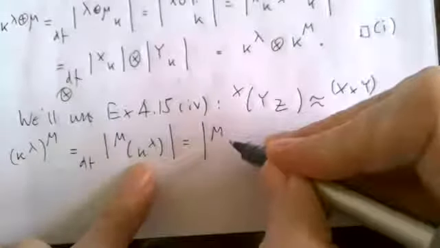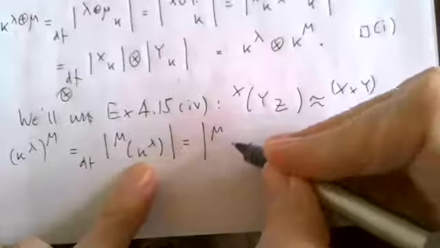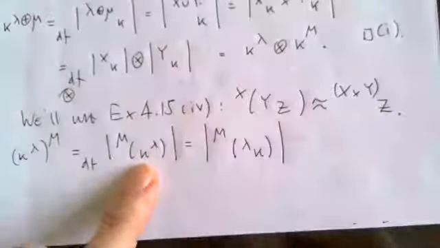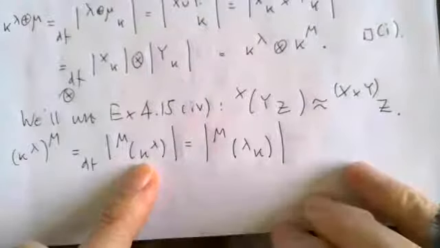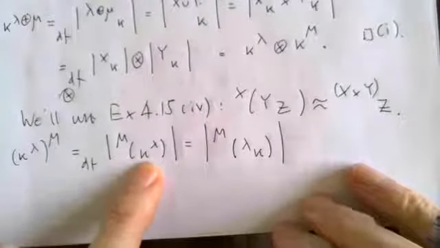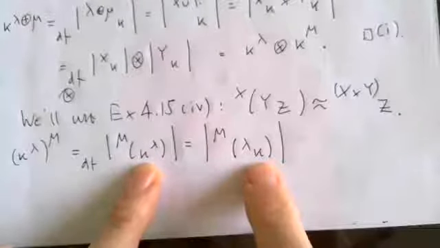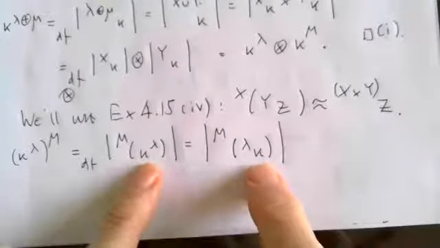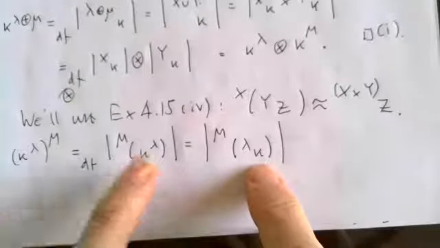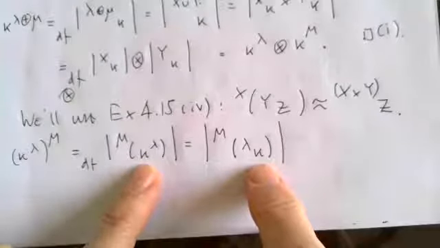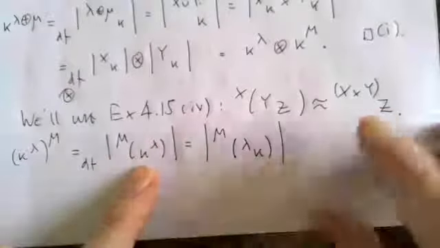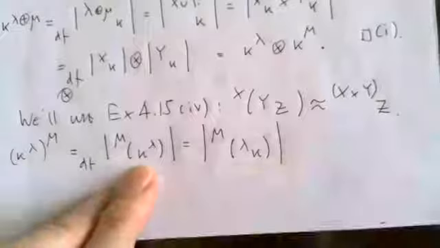So this has the same cardinality as the set of functions from lambda into kappa. This is a cardinal number, this is a set of functions, but they've got the same cardinality by definition, and that's how we define what this is. So I've just substituted in things of the same size.